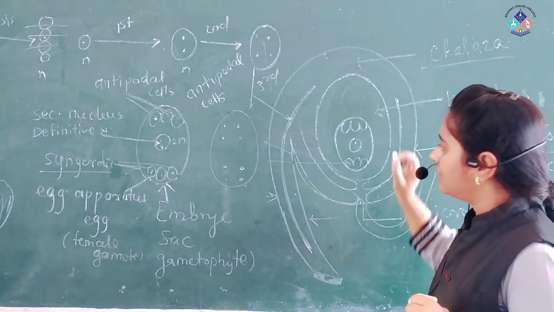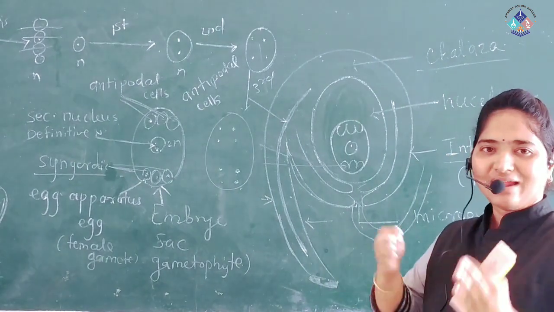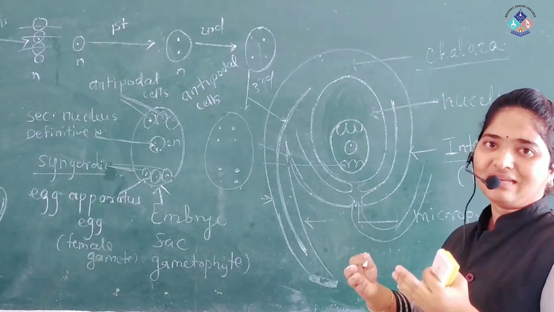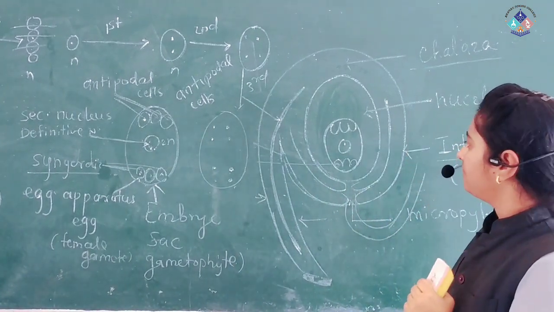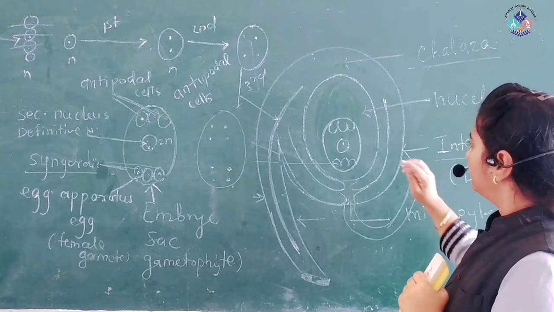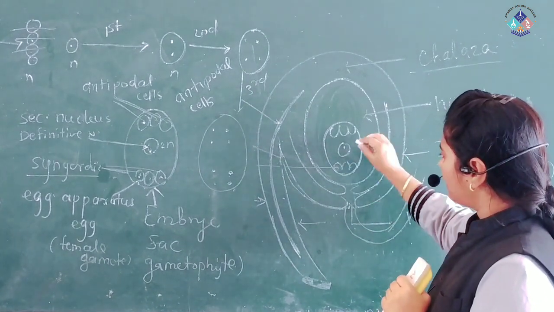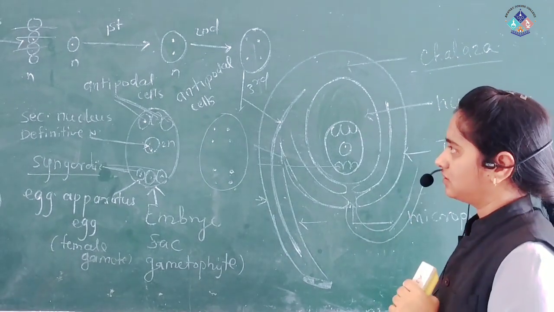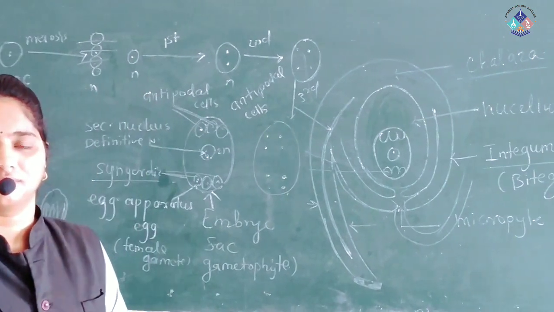The synergid is very important for the entry of the pollen tube because it guides and attracts the pollen tube into the embryo sac. So this is the structure of the embryo sac, a 7-celled 8-nucleated structure. All this is about the structure of the anatropous ovule.